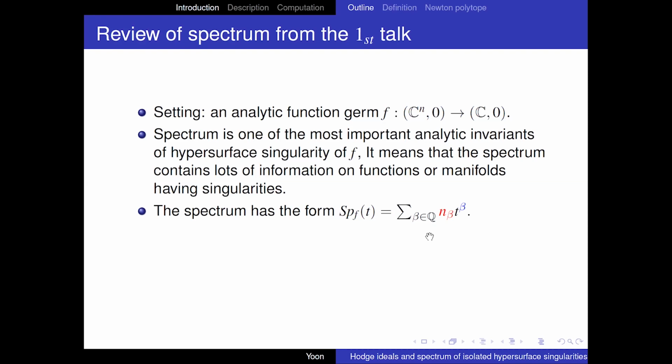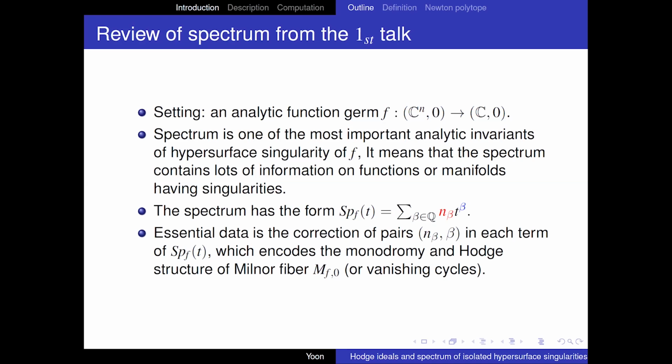It is a fractional power series. The important data were the coefficient of T to the beta and also the rational number beta, the pair of them. That includes information of monodromy and Hodge spectrum of a real number.